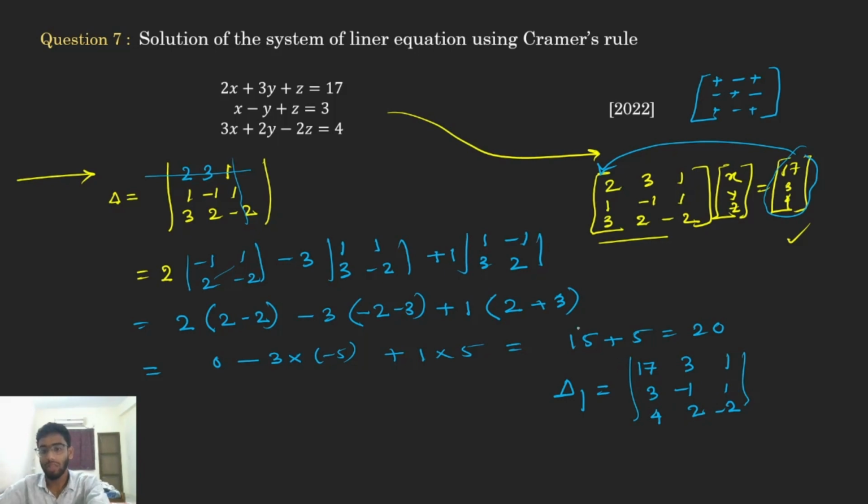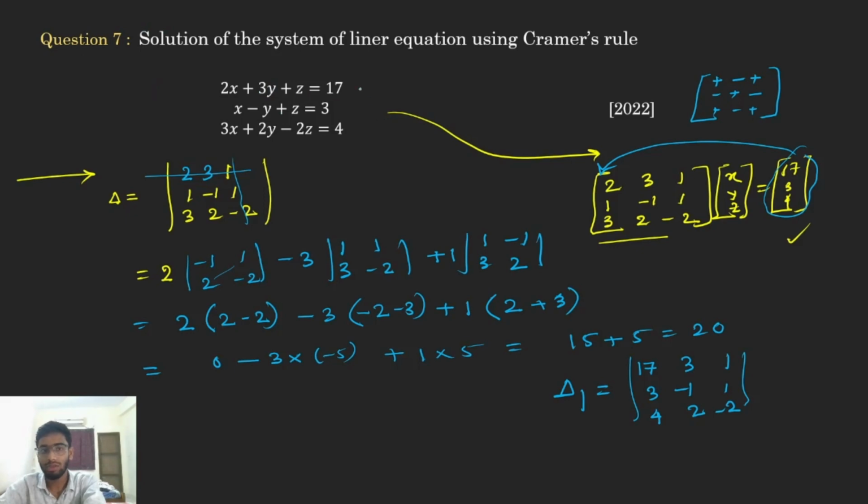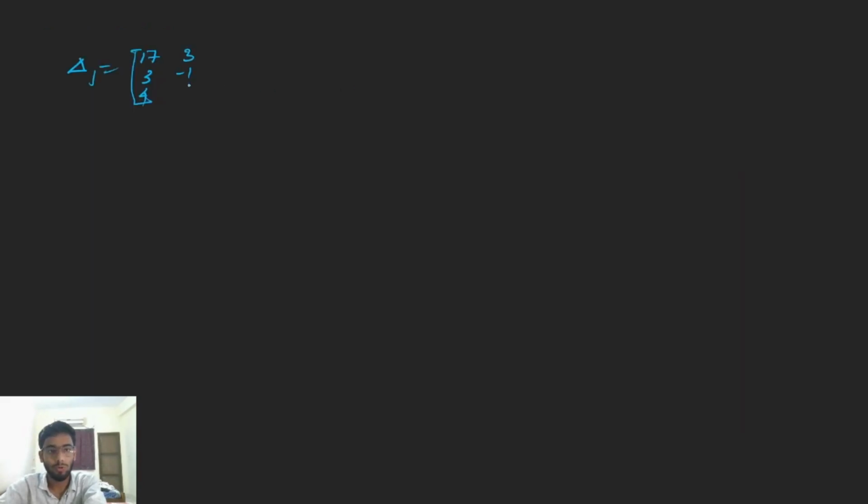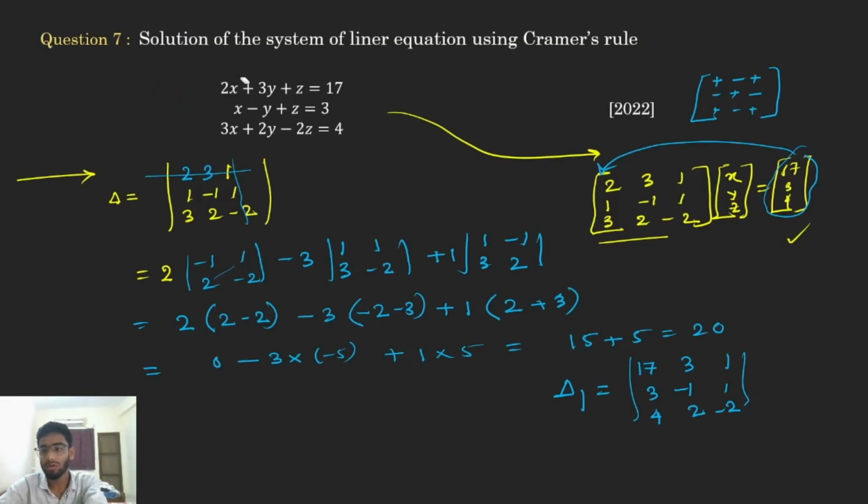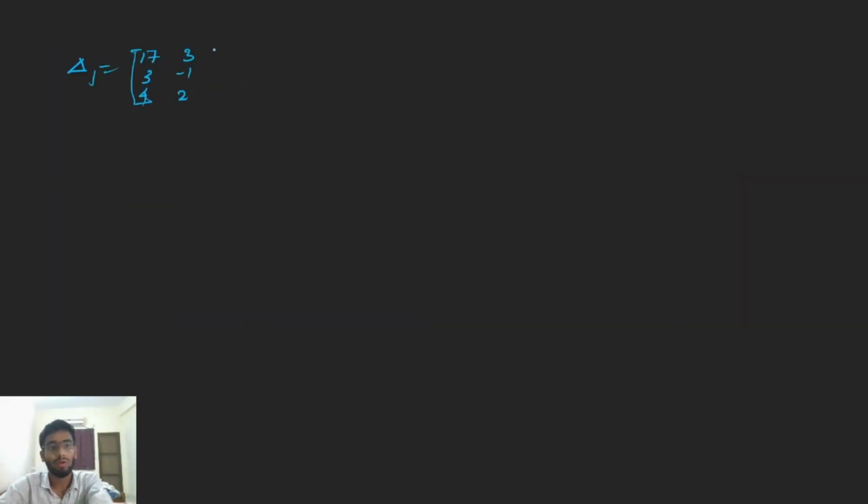Okay, now we have to calculate del 1. So what is del 1? Del 1 is 17, 3, 4, then 3 minus 1, 2, sorry, another column is there, 1, 1 minus 2.